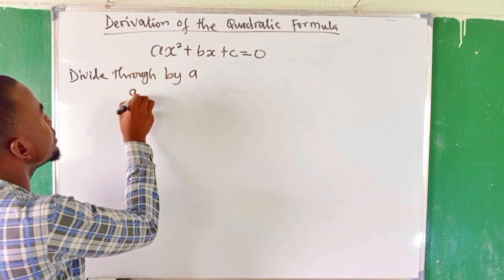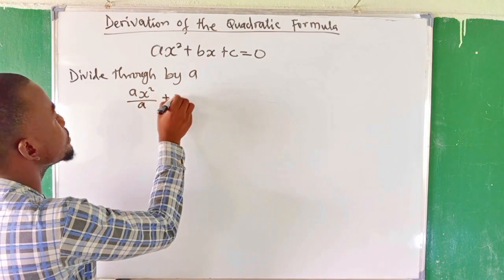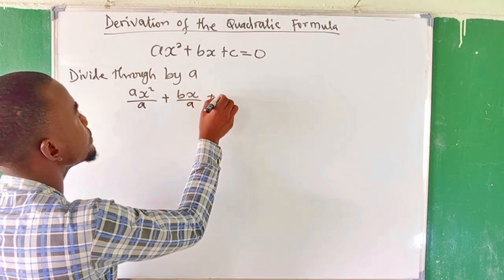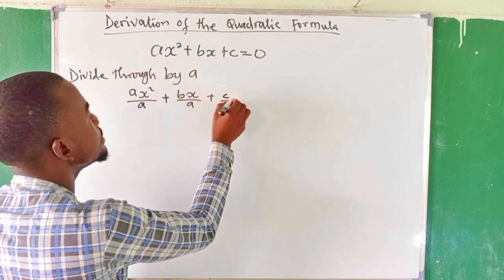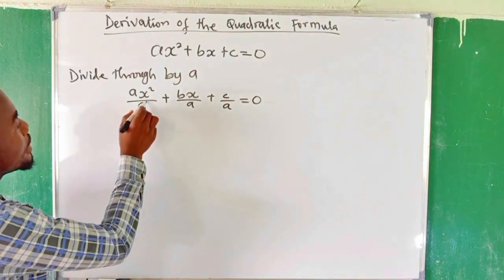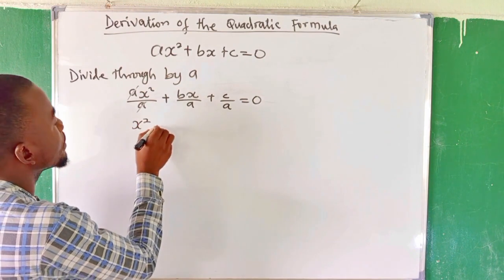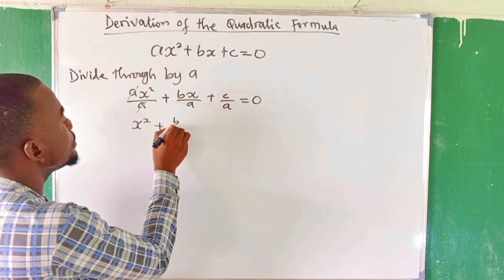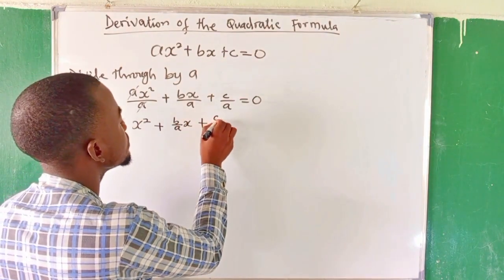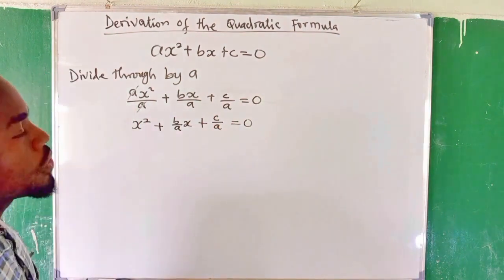That will give us ax squared divided by a plus bx divided by a plus c divided by a equals to 0. Now a cancels a and we are left with x squared plus b over a, the coefficient of x here, plus c over a is equals to 0. Now that is the first step in completing the square method.